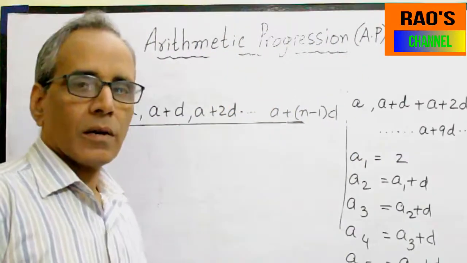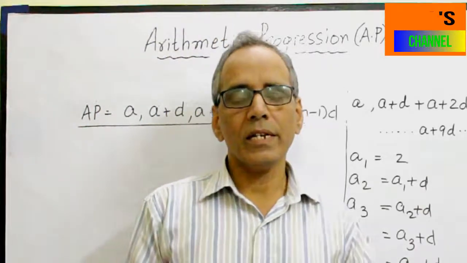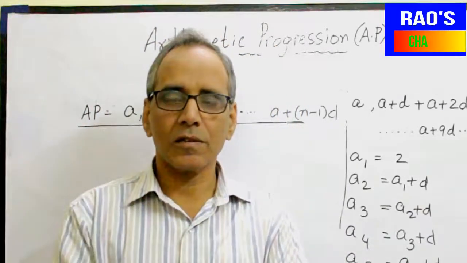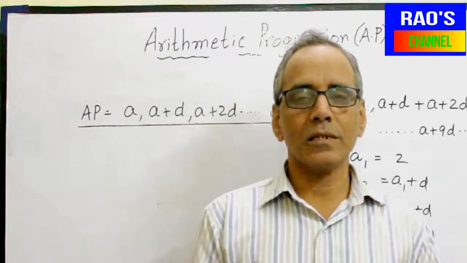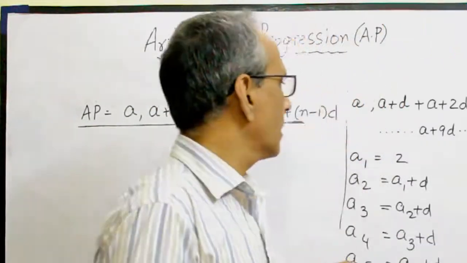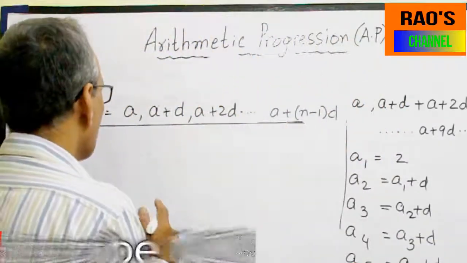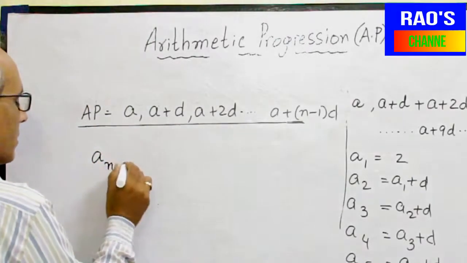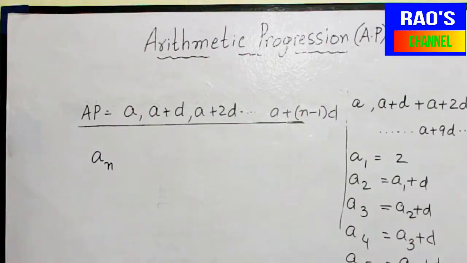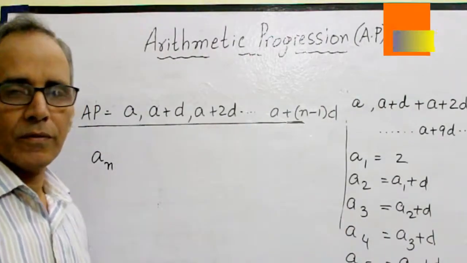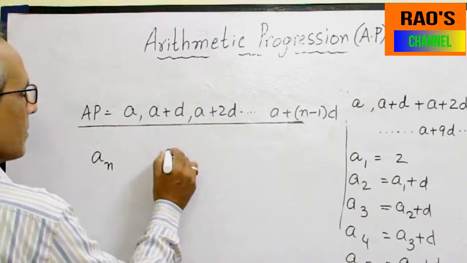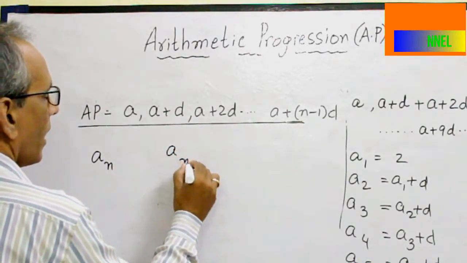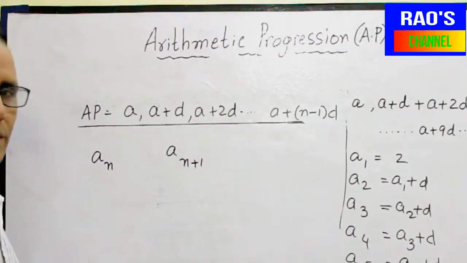Suppose already we discussed the difference between any two consecutive terms is fixed, that is constant, that is defined by the letter D. Now suppose an is the nth term. What is the next term of the nth term? An plus 1. Okay.